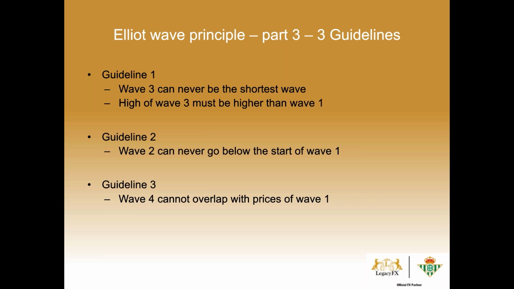So the guideline is as following. Now, let me just remember this off of my head. If wave 3 is the longest wave, it doesn't always have to be, but if it is, then the fifth wave will be approximately equal to the first wave.